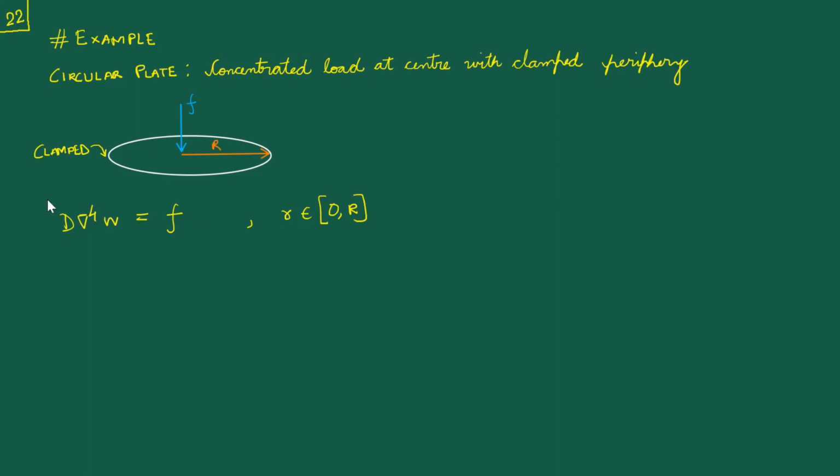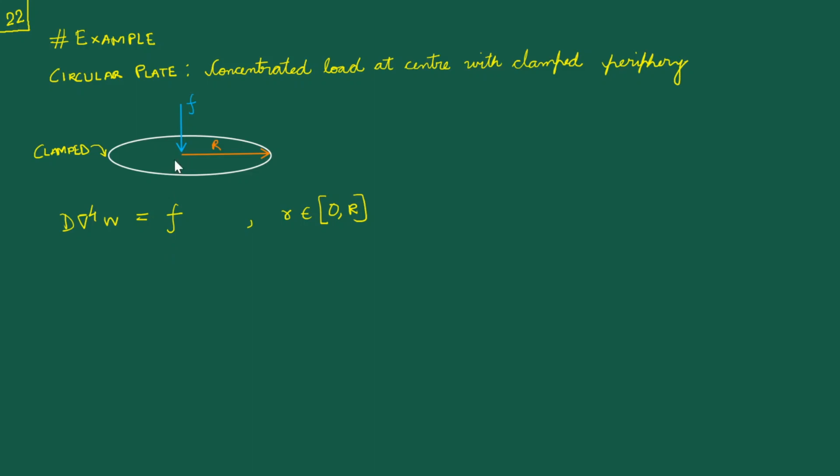That is what would be the meaning of this governing equation if we had to simply write it like this. But that is certainly not true, because this F is only acting at R equal to 0. How do we represent that?